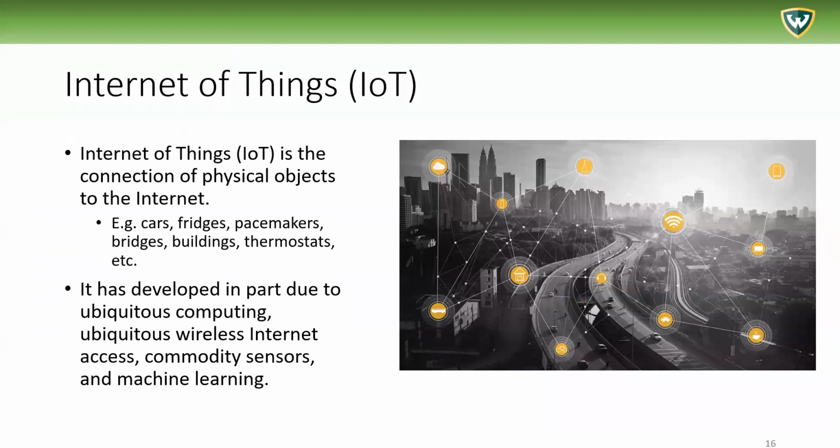It has developed in part due to ubiquitous computing, ubiquitous wireless internet access, commodity sensors, that is cheap sensors that are easy to obtain and connect to the internet, and also machine learning algorithms, which we'll talk more about later.